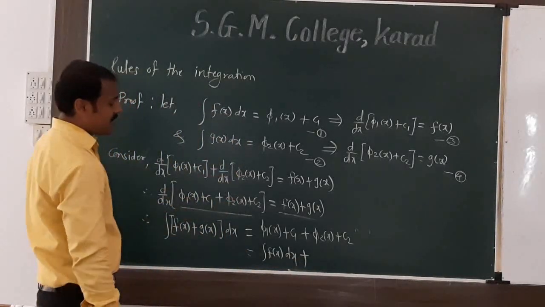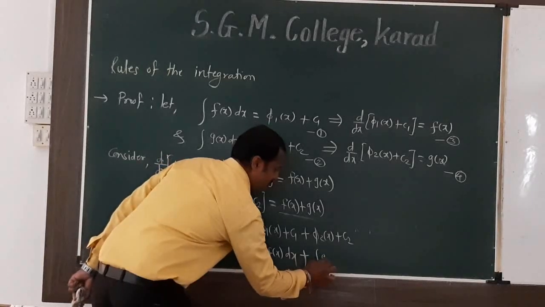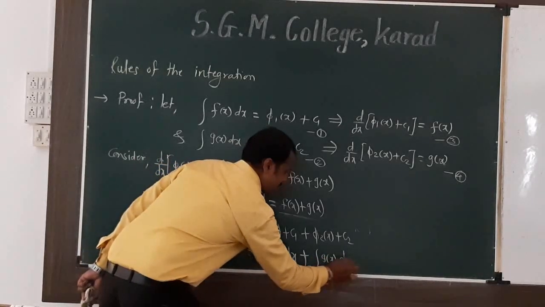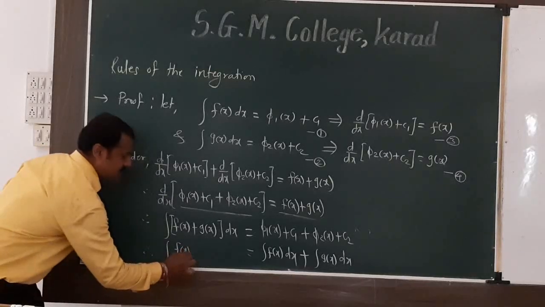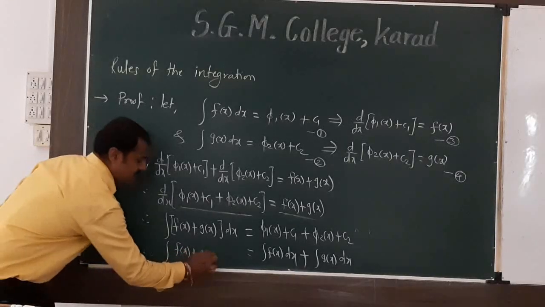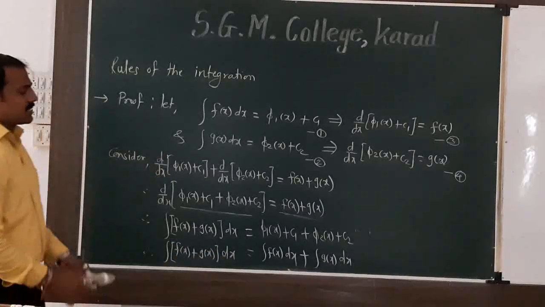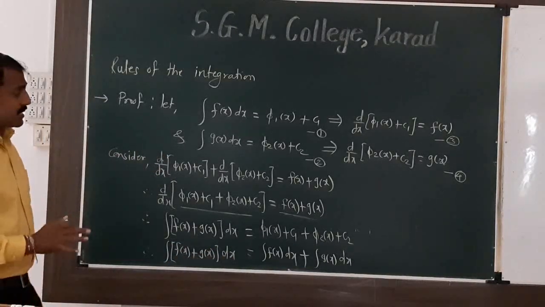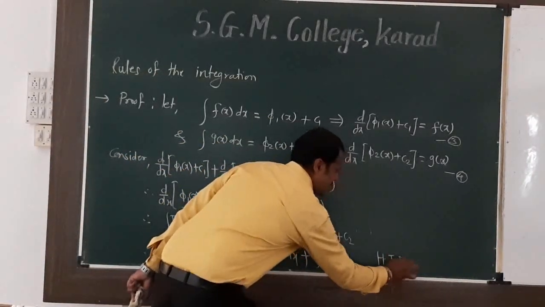From equation second, it is integration of g of x dx. Okay, thus integration of f of x plus g of x dx is equal to integration of f of x dx plus integration of g of x dx. Hence the proof.